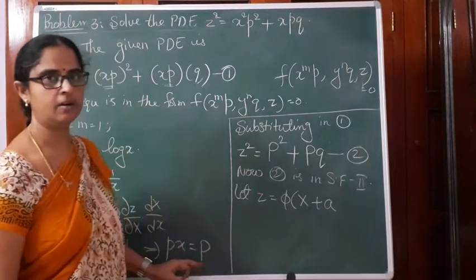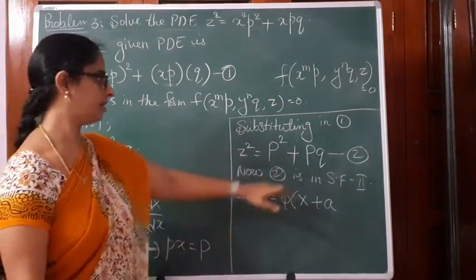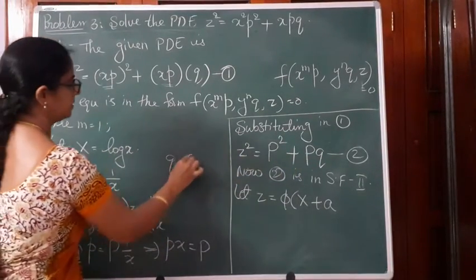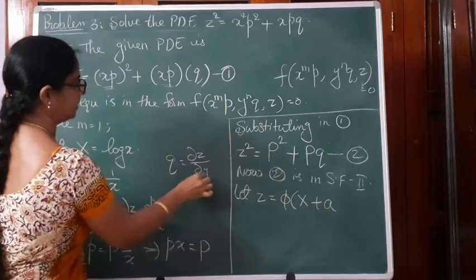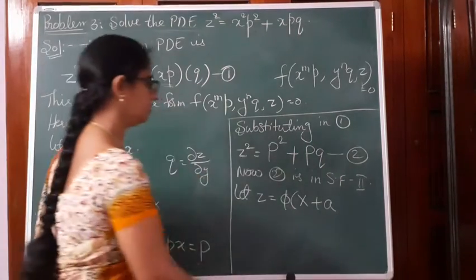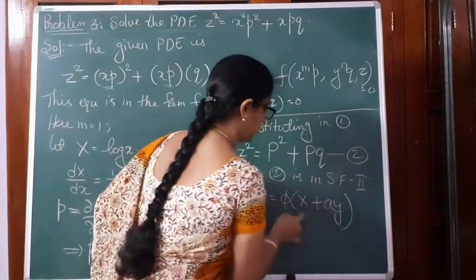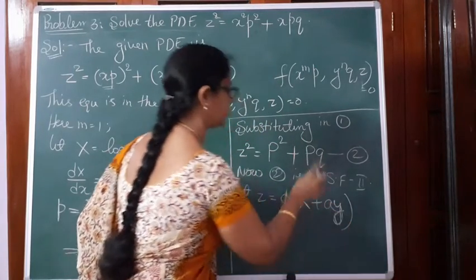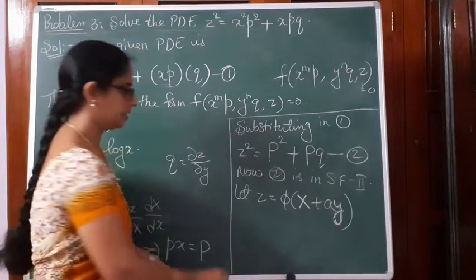Is it capital Y or small y? It is small y because this is small q, that is dou z by dou y. Small y here. So we take small y here. Identify the difference. This is capital X and this is just small y because this is small q here. Now this is the solution.